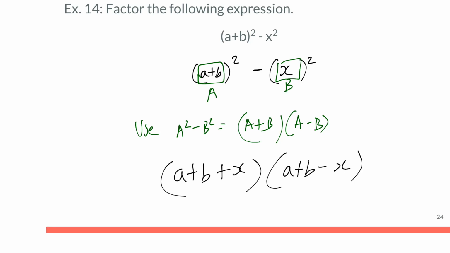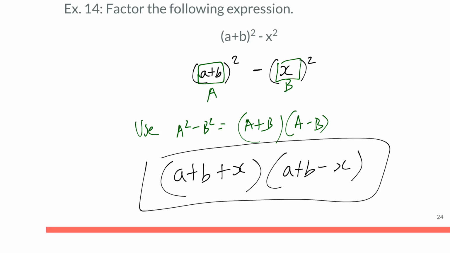That would be the answer here. All right, so specifically keep this example in mind for the trick question, as I call it.